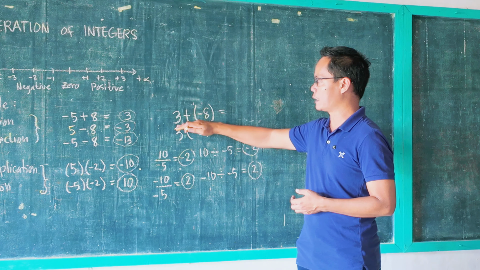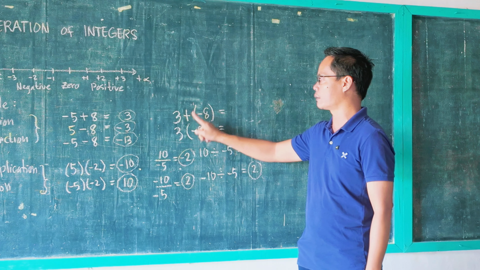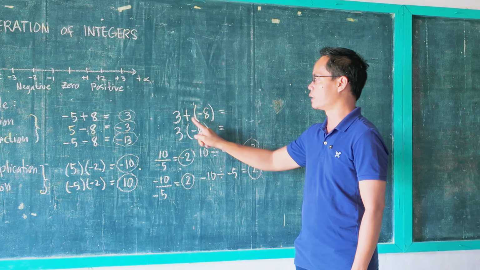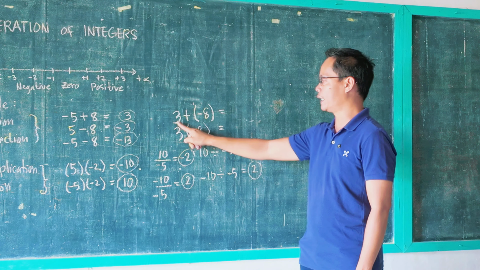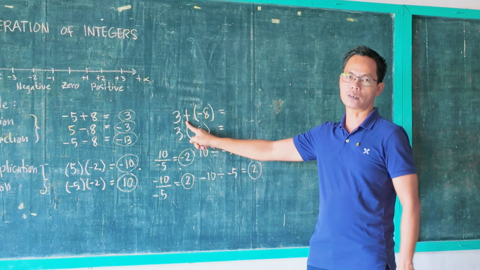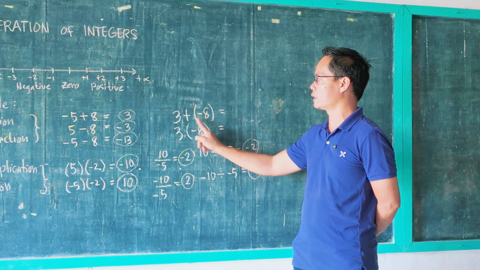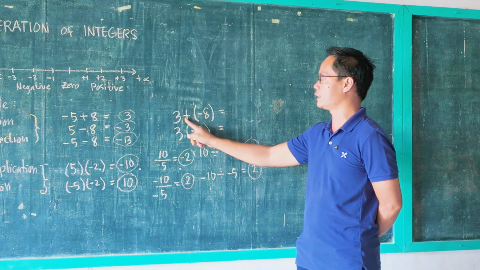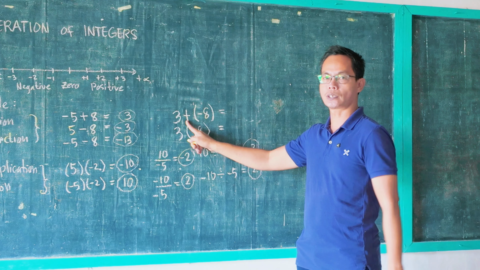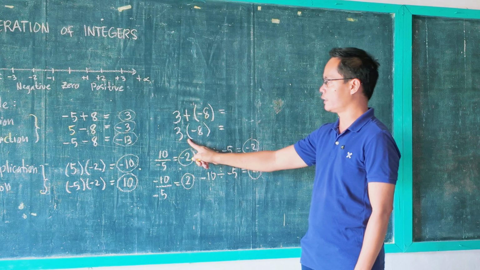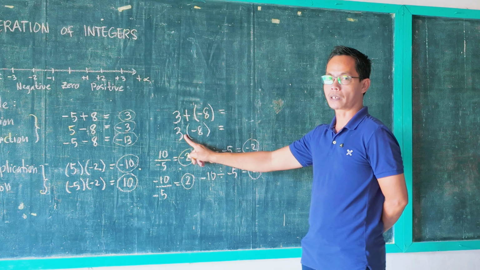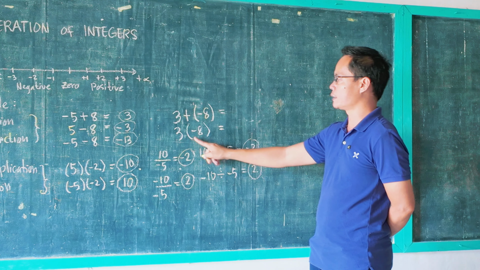So in this case, babantayan mo lang kung meron siyang sign within the parenthesis tsaka yung number between the 3 and negative 8. If you see a sign or operation, hindi kailangan mag-multiply dito. Kahit meron parenthesis, ang purpose lang ng parenthesis is to separate the plus and the negative sign.